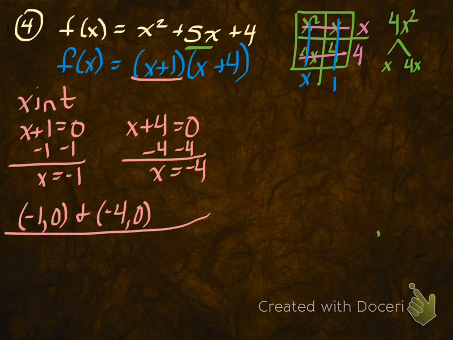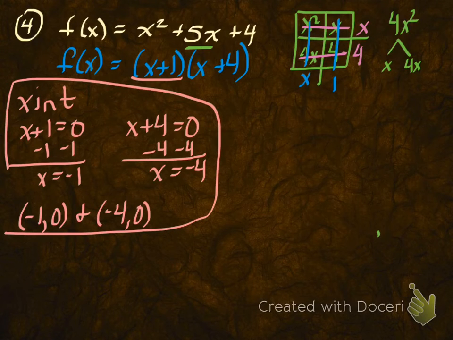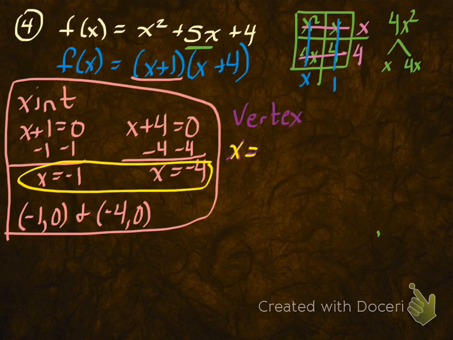Now we're going to use this information and go in to find our vertex. So to find our x value of our vertex, we are going to add our x-intercepts together.